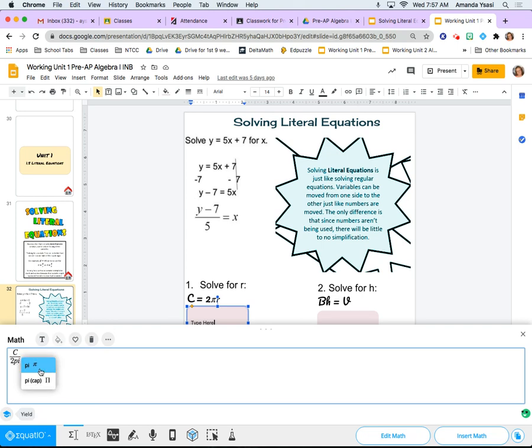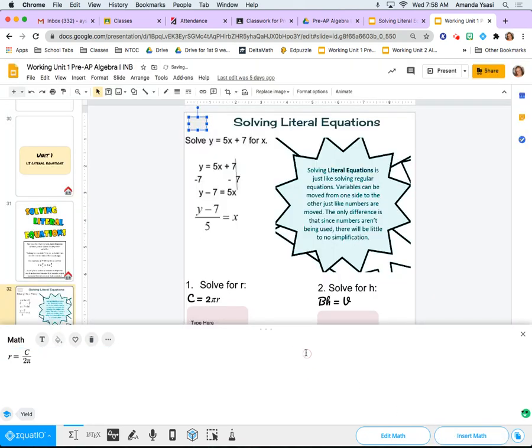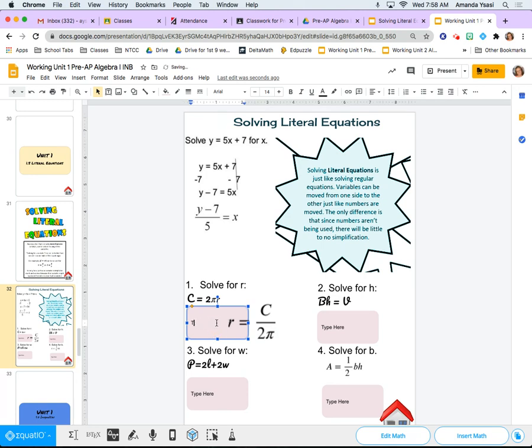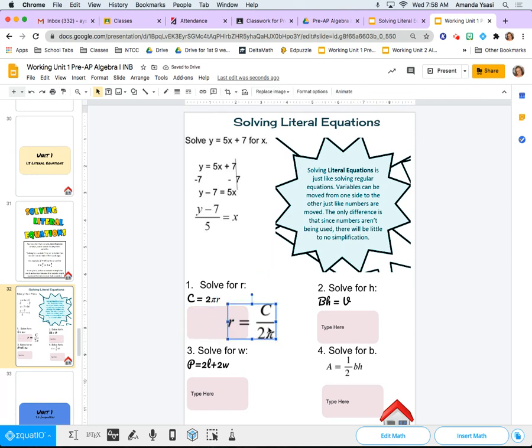Oh, if you type in pi, you can change that. Then arrow over equals r. Could I actually write it as r equals? That's actually the way I want to write it. So r equals C over 2 pi. I'm going to delete that and type here. We're able to do it here.